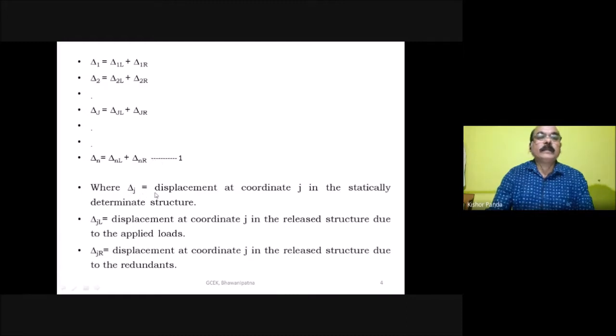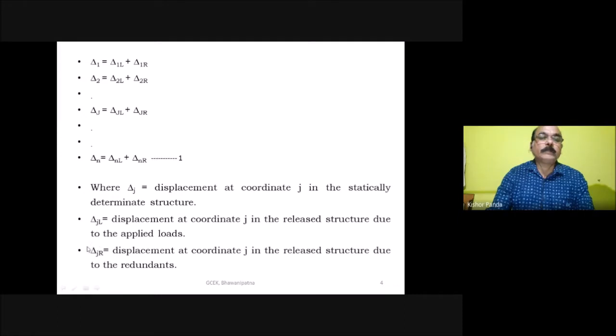Here delta j is the displacement at coordinate j in the statically determinate structure. Delta jl is the displacement at coordinate j in the release structure due to the applied loads. Delta jr is the displacement at coordinate j in the release structure due to the redundant forces.